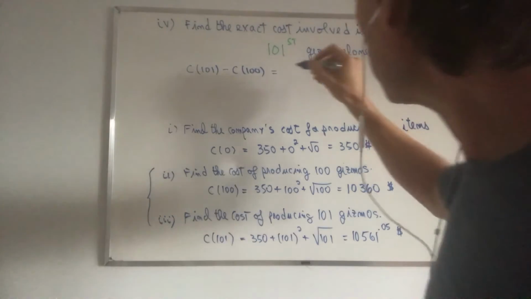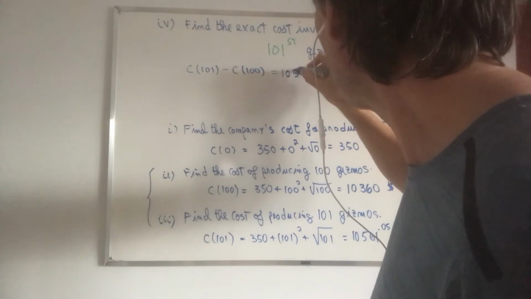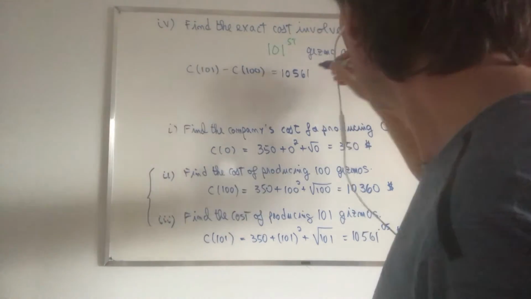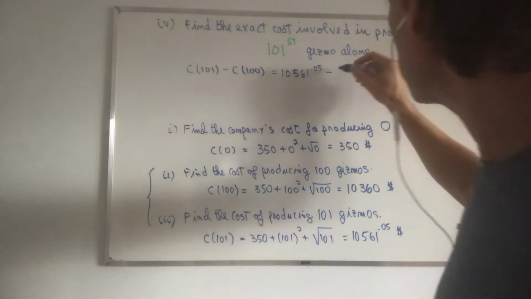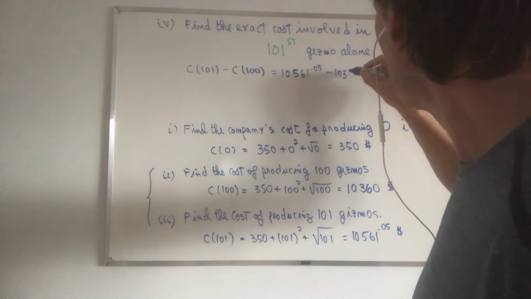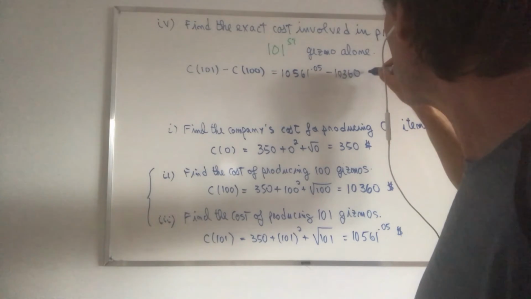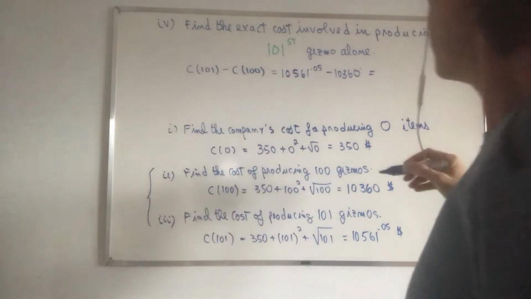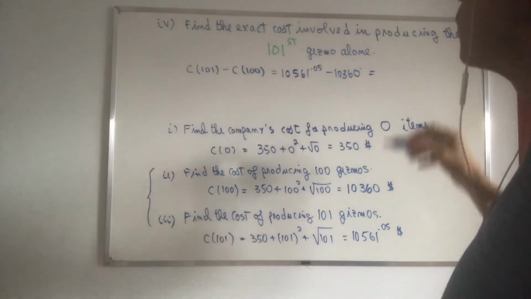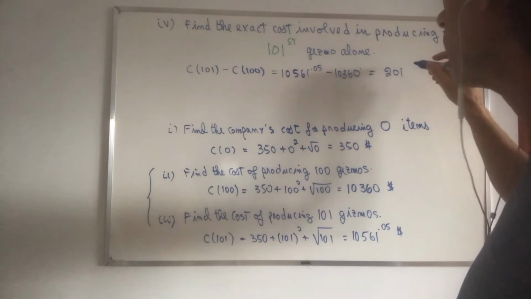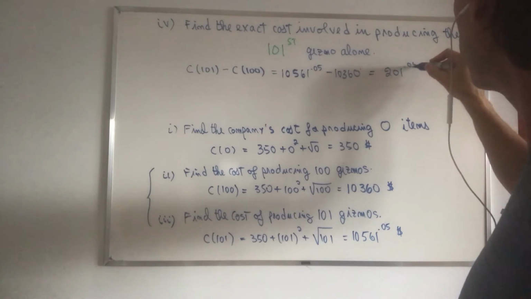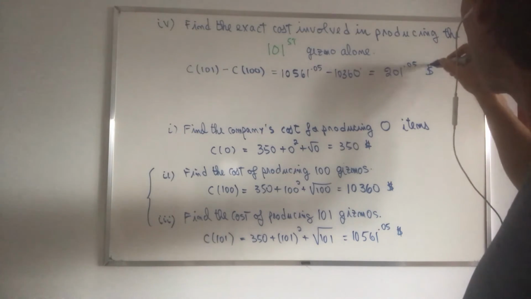That is 10,561.05 minus 10,360 flat. And what is that? This is $201.05.